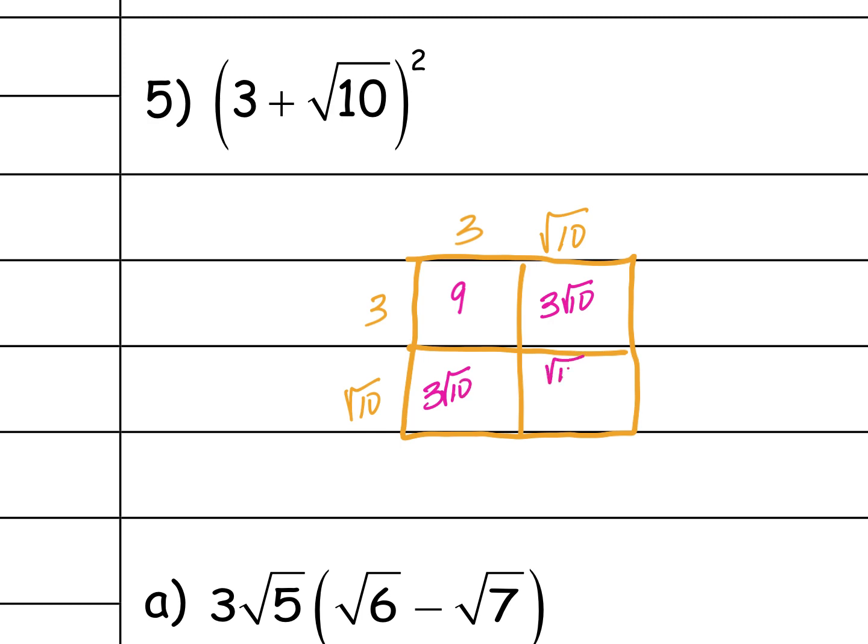And the square root of 100, which is 10. So if I add my like terms together, I'm going to get 19 plus 6 square root of 10. 9 plus 10, yep. 3 plus 3, okay, there we go.